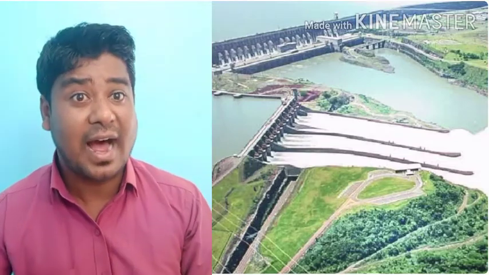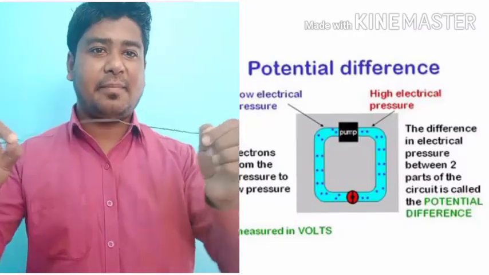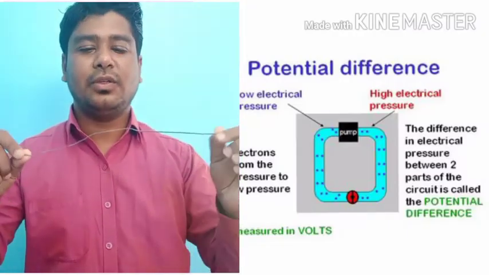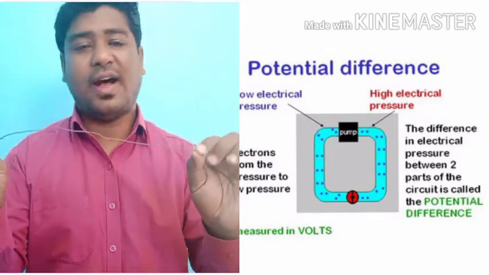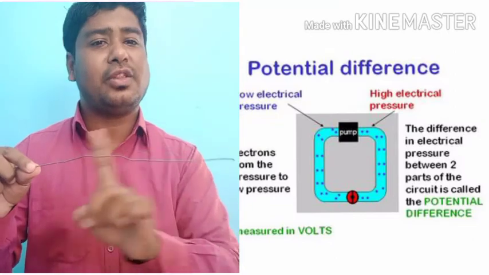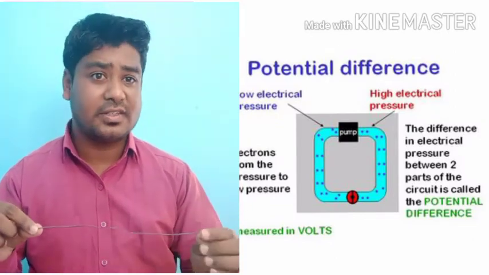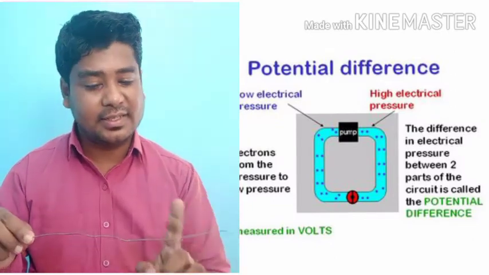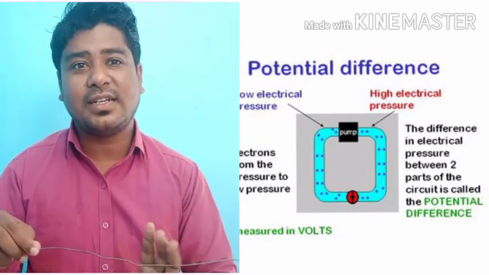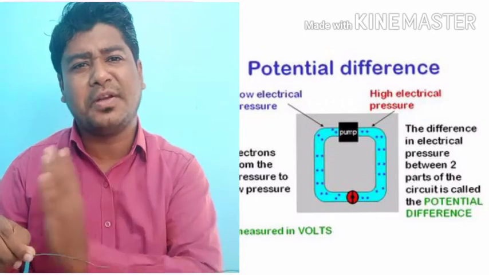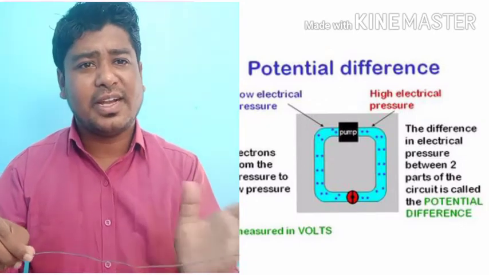So what is that? Let's take this metallic wire in front of you. This is an iron wire. You know that metals are good conductors of electricity. If the current has to move, you studied yesterday what current is: the flow of charges from one point to the other in a given time, the rate of flow of charges.